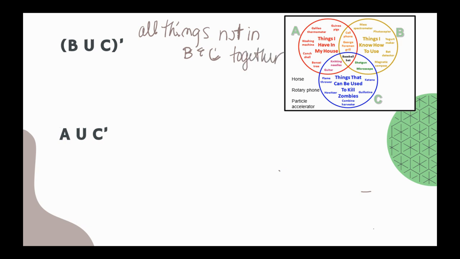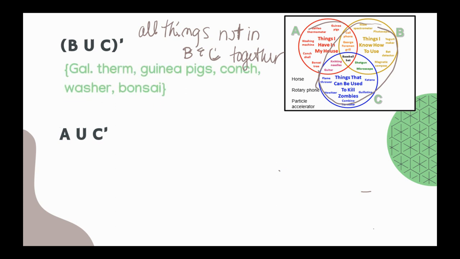So we're looking for all the things that are not in the yellow and blue together. That would be all of these things out here, okay? So guinea pig, Galileo thermometer, washing machine, etc. And we're just going to list them all out in a set. And again, notice I've abbreviated a couple. That's okay.